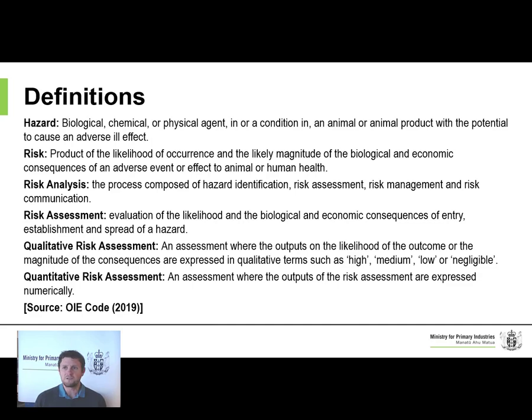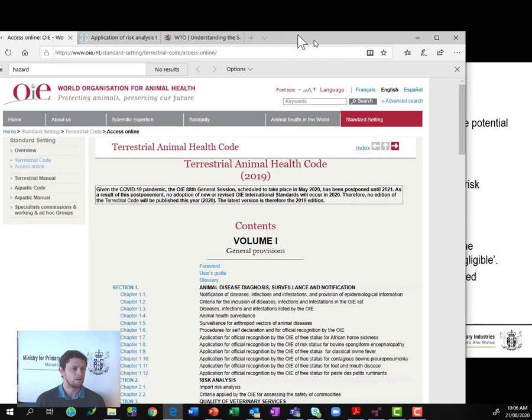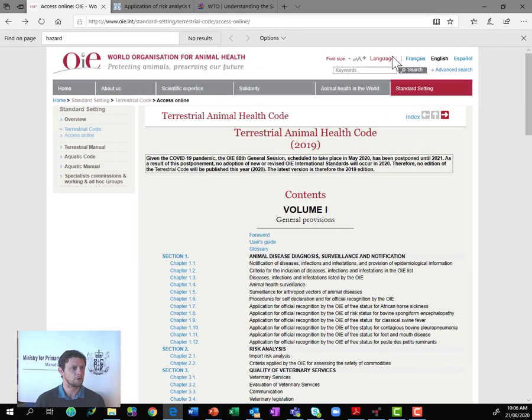Before we get into the definitions, I just want to pull across a few websites I want you to be aware of. The first is the World Organization for Animal Health. What we have here is the Terrestrial Animal Health Code. The majority of countries' risk analysis programs have been developed utilizing information provided within this code.